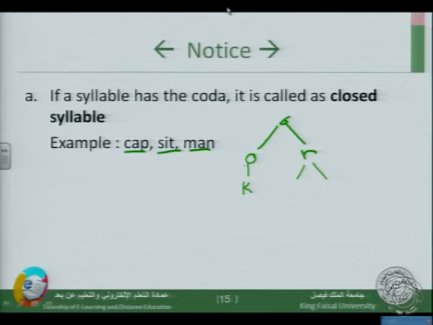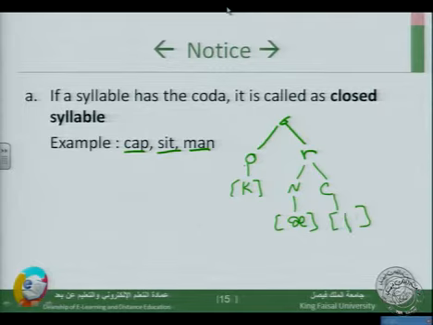The rhyme consists of two, the nucleus and the coda. The nucleus is A, okay, and the coda is P.